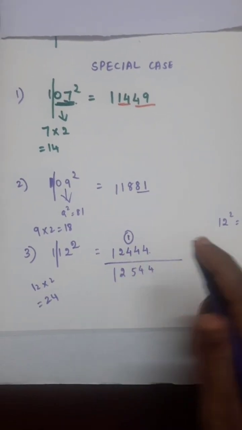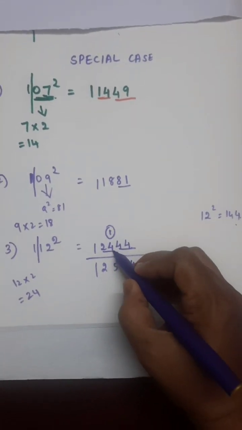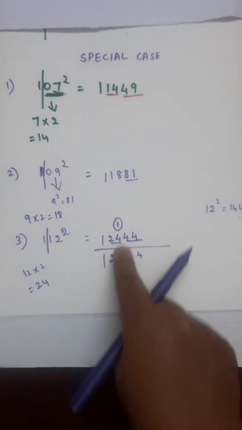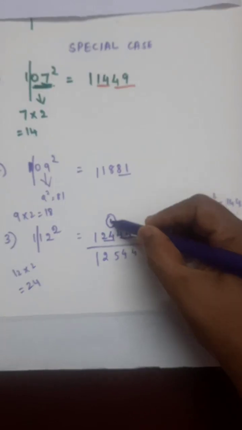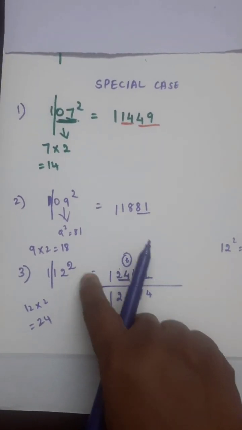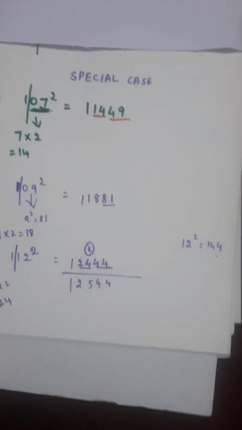I have written it here. So this 44 came from 144. This 24 came from doubling this 12. And 1, as usual, that 1 will come. Now when you add with the carry, 4, 4, 5, 2 and 1. So it is as easy as this. 112 square is 12544. As easy as this.